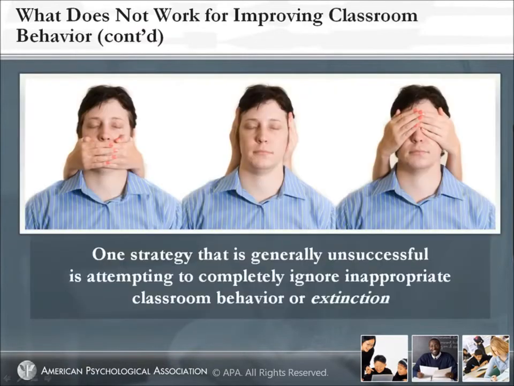One ineffective strategy is attempting to completely ignore inappropriate classroom behavior. The technical term is extinction. For many students, especially older students, attention from peers can be more rewarding than attention from the teacher. Because of this, many students might be disruptive in order to test the limits.